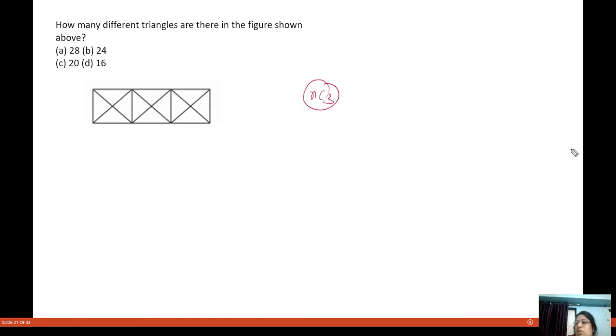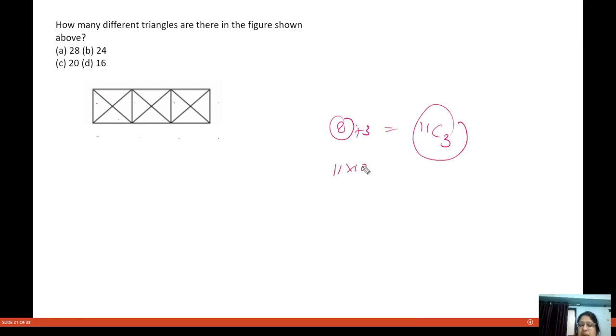If you count the number of points here, how many points are there? 1 2 3 4 5 6 7 8. We have total 8 points, and then we have three more points, so we have total 11 points. If we do 11C3, we will not get our answer.